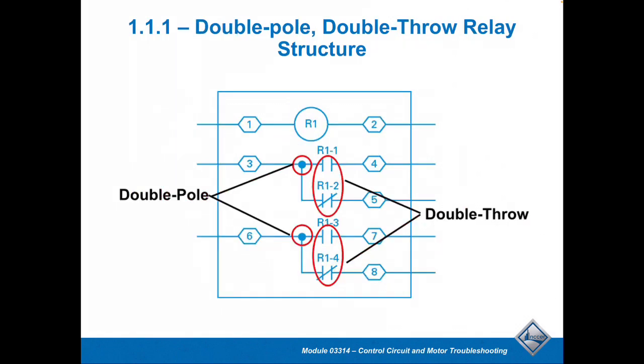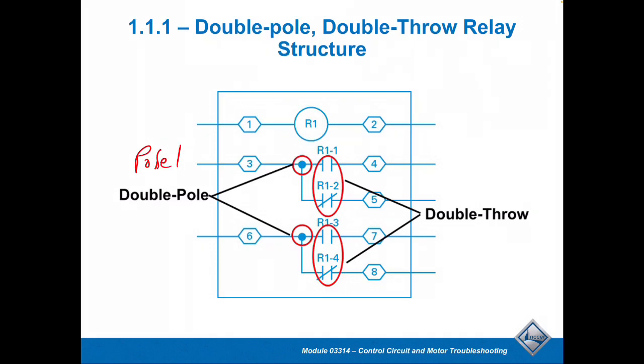A double pole, double throw relay structure. So now, if you look at these two, comparing the previous one to this particular relay, one of the things I think you're going to recognize is we basically have, let's call it, pole number 1.